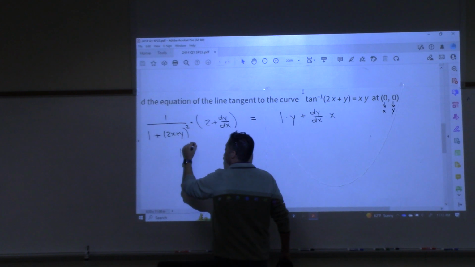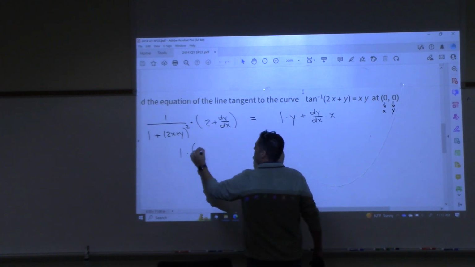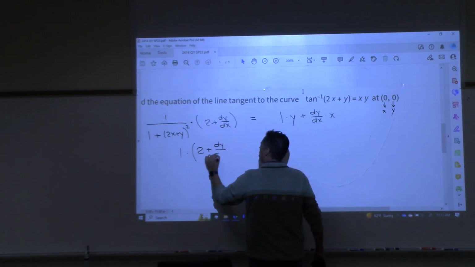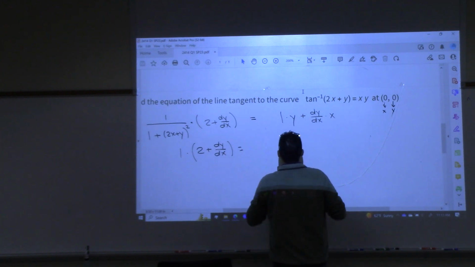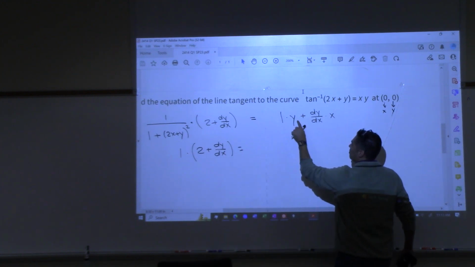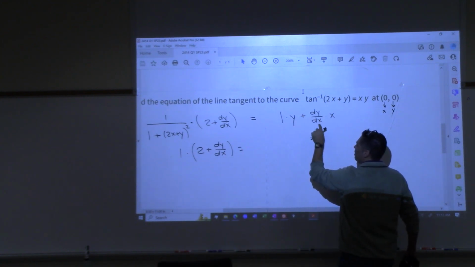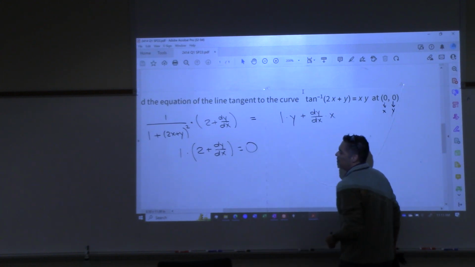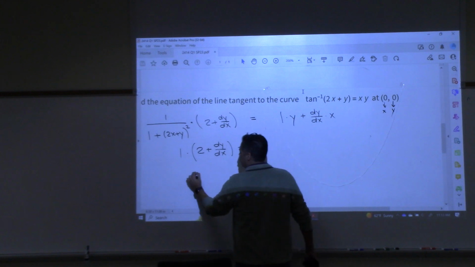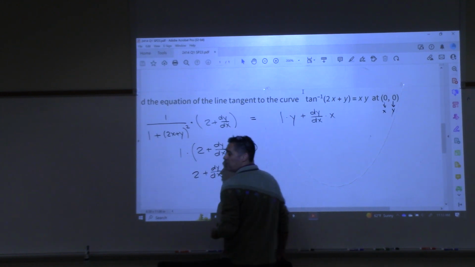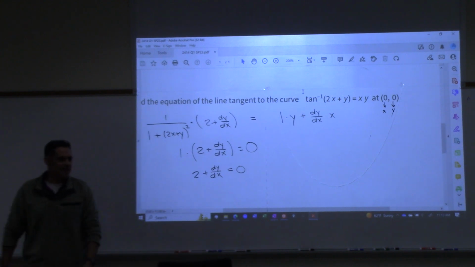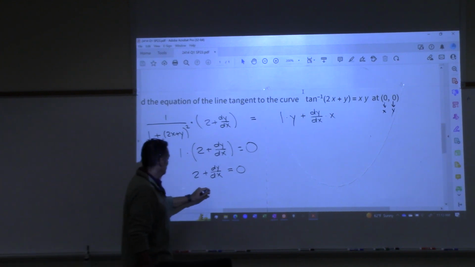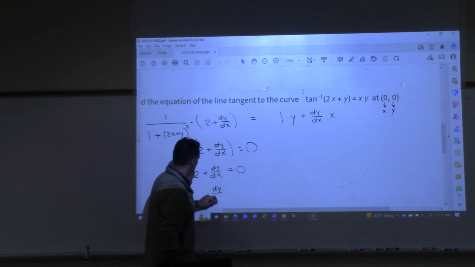So 1 times 2 plus dy/dx equals, over here, 1 times 0, and then 1 plus dy/dx times 0. This whole thing is 0. On the left side you get 2 plus dy/dx equals 0. Subtract 2 on both sides: dy/dx is negative 2.